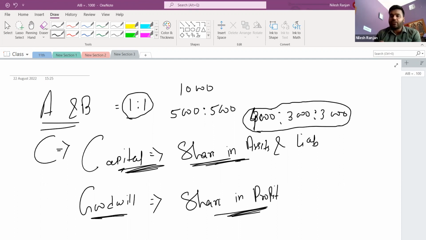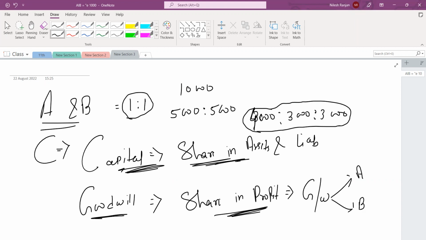They will require something in return from C, which is goodwill. So C is bringing goodwill for share in profit, and the share in profit is taken from A and B. Therefore, goodwill will be distributed between A and B. If a new partner brings goodwill, it is distributed between the old partners.